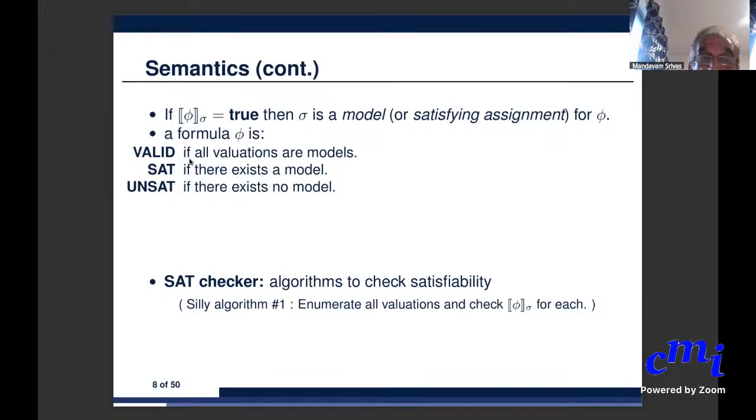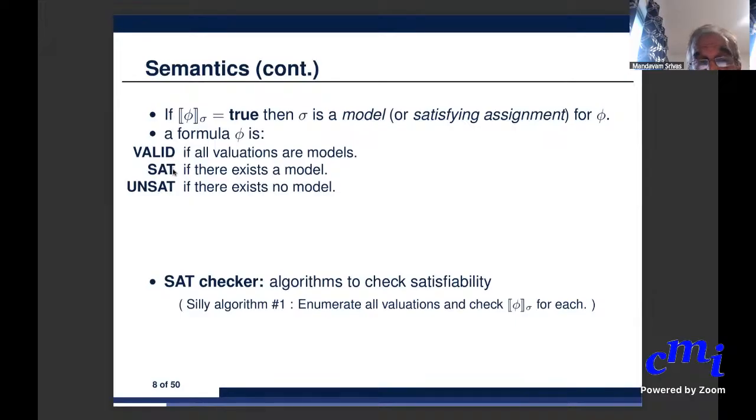Therefore, all possible valuations are indeed finite for a particular formula. So if a formula is true for all valuations, that is, for all models, then it is said to be valid. Sometimes this is also called a tautology in Boolean logic.